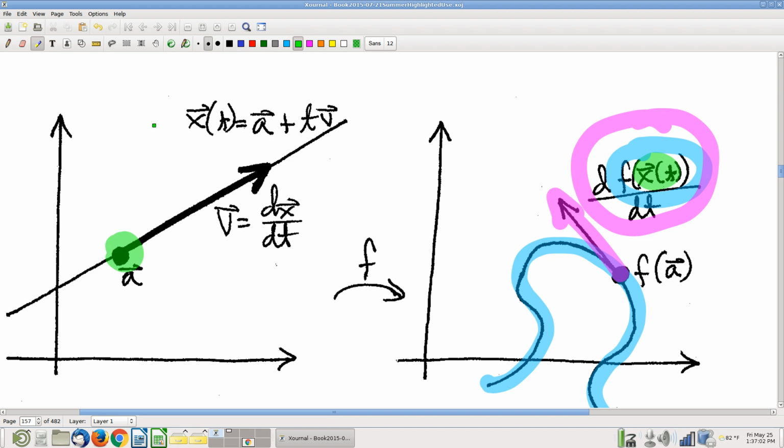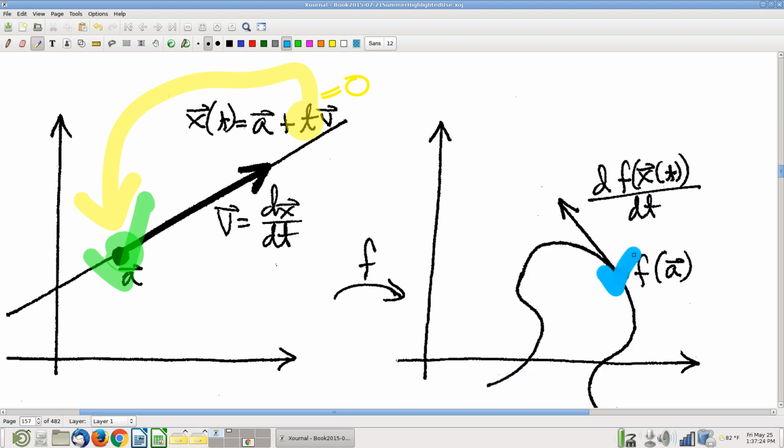We are at that point A when t is equal to 0, right? So t is equal to 0. T equals 0 is what puts me at this point in the domain, and therefore puts me at this point in the target, and it's at that point in the target that I want to know the velocity, aka the derivative.